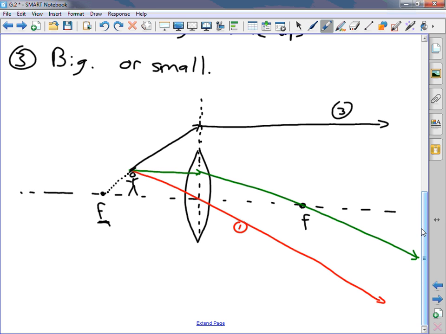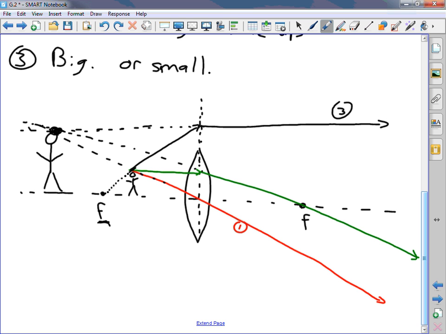Trace them backwards, because this is actually how the eye works. So tracing all of these rays backwards, where they intersect is where the eye will see the image over here, right? That's where the top of the head would be.